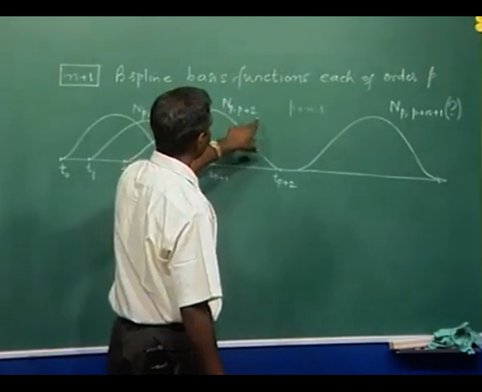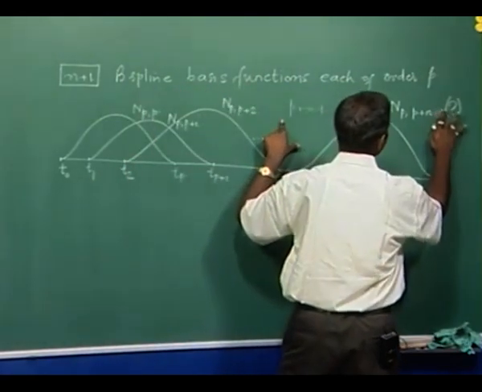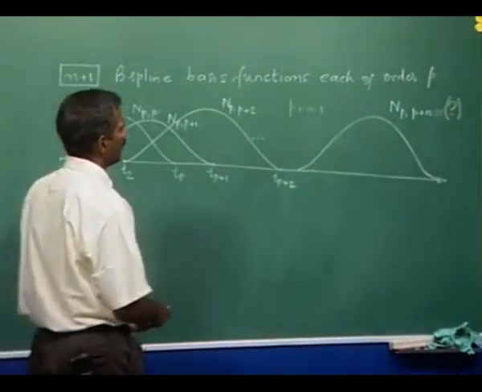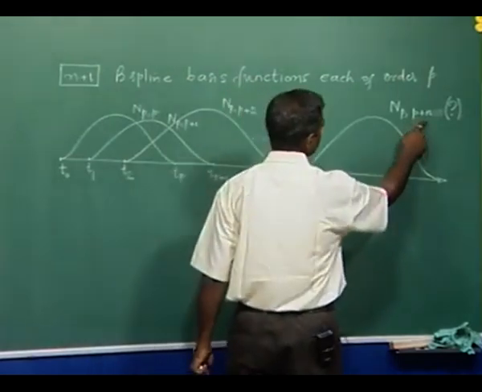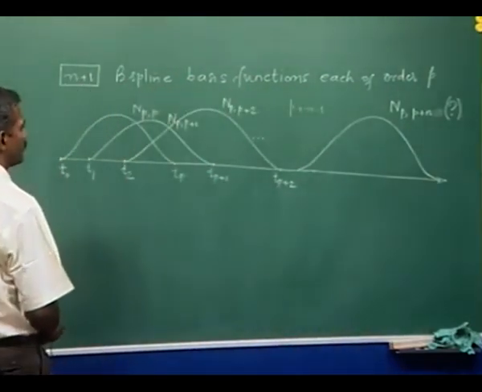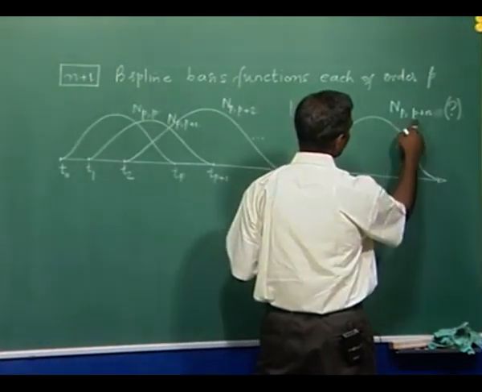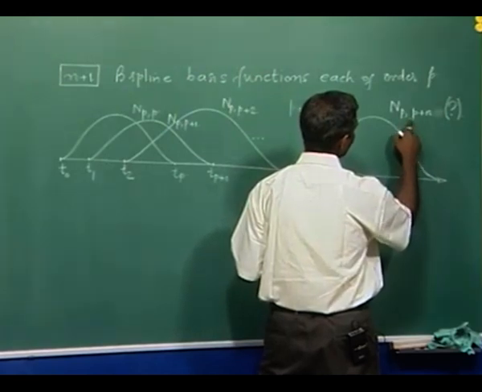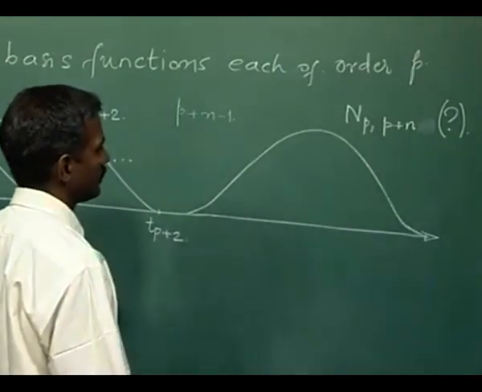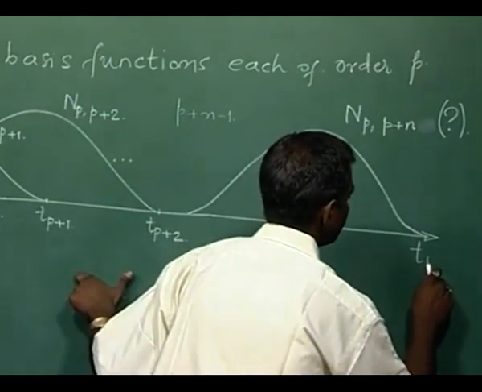And therefore, for the n plus 1th, I should have the index p plus n. I have to be very careful in working with these indices. Now, what would be the last knot over which N_p,p plus n will be standing? You guessed it right again. This is t_p plus n.